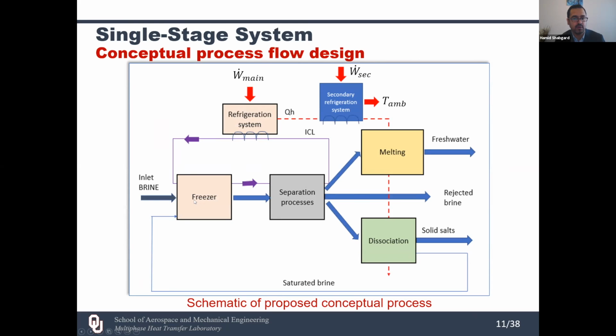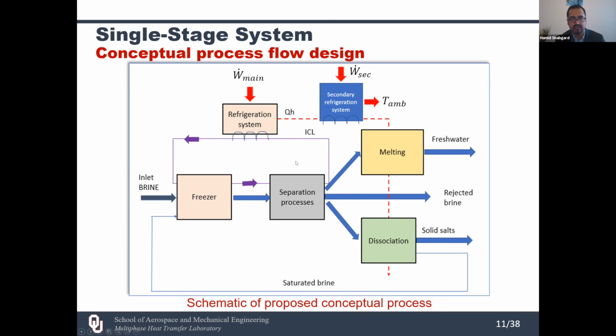In summary, the process consists of 3 segments. First, freezing, and then a separation, and finally melting or dissociation. Melting is related to the ice, and dissociation is for the salt hydrates that form. So as you can see here, brine enters the freezing compartment. The cooling liquid is the purple line here.